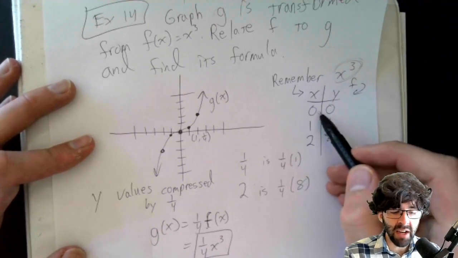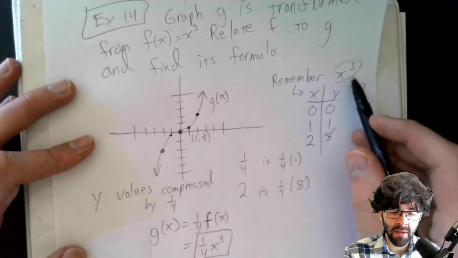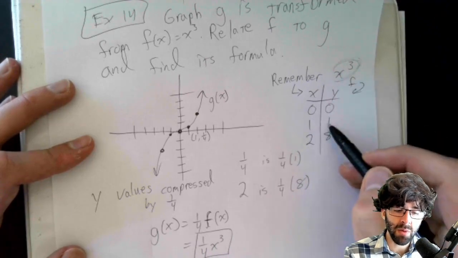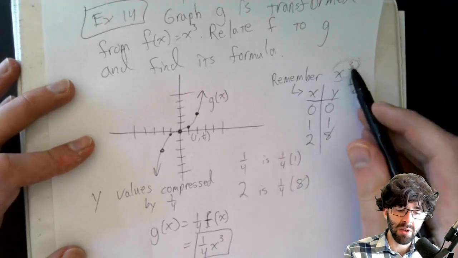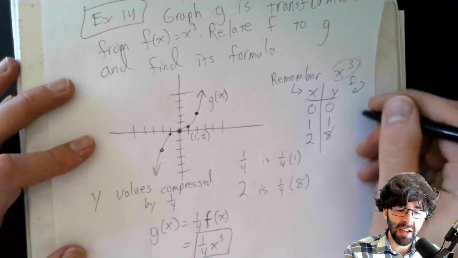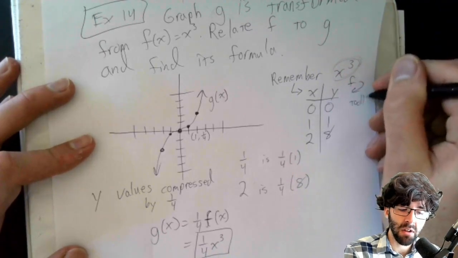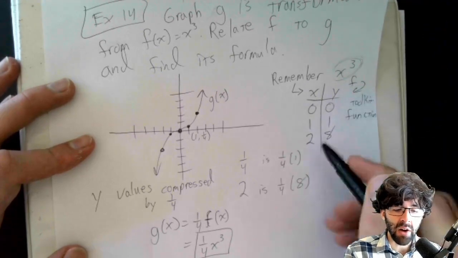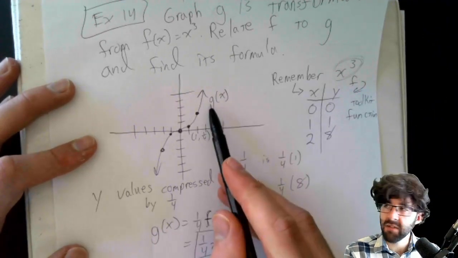So I just plugged in some values of x. If x is 0, 0 cubed is 0. If x is 1, 1 cubed is 1. If x is 2, 2 cubed is 8. This right here is the toolkit function. So then we compared our toolkit function with the given g.